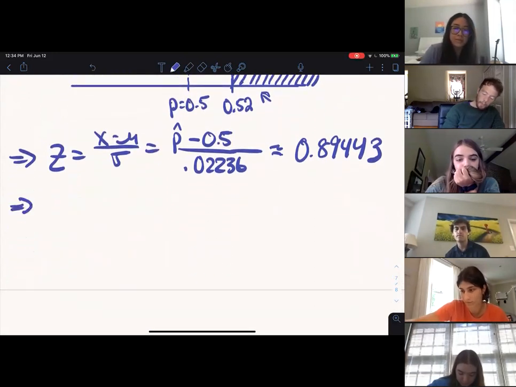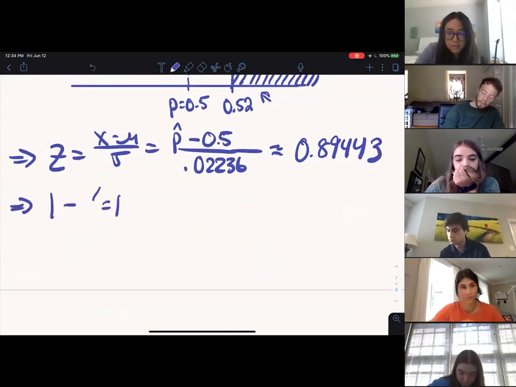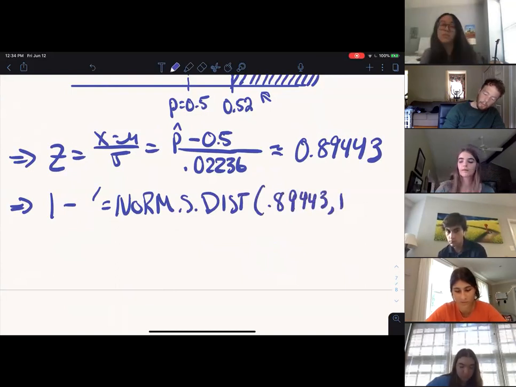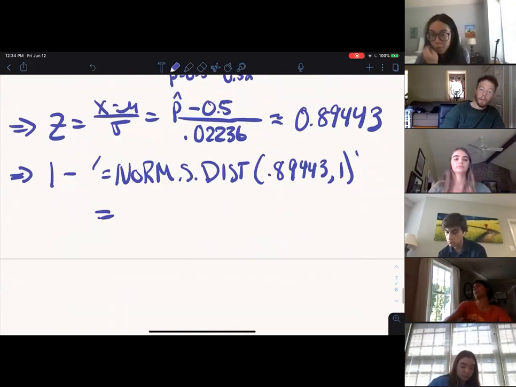To get that, we do 1 minus our norm.s.dist function of 0.89443, comma 1.